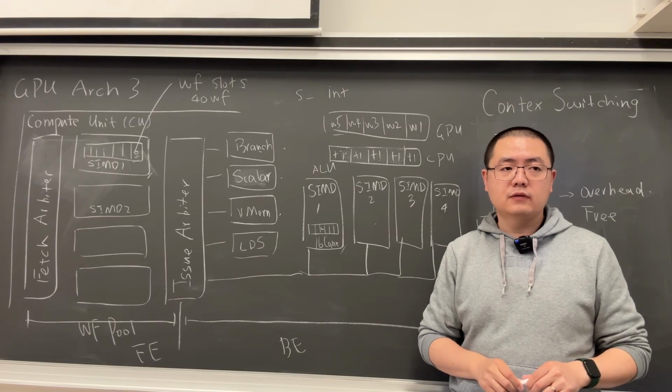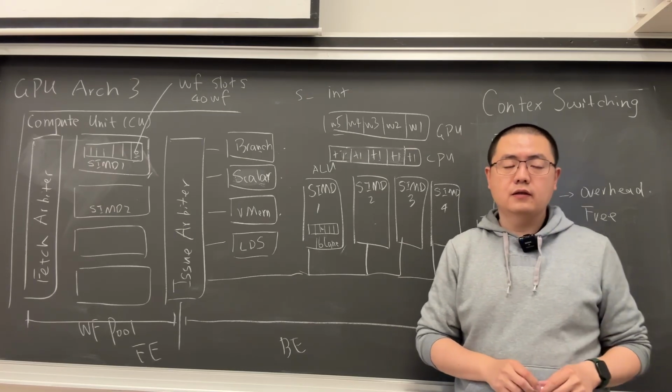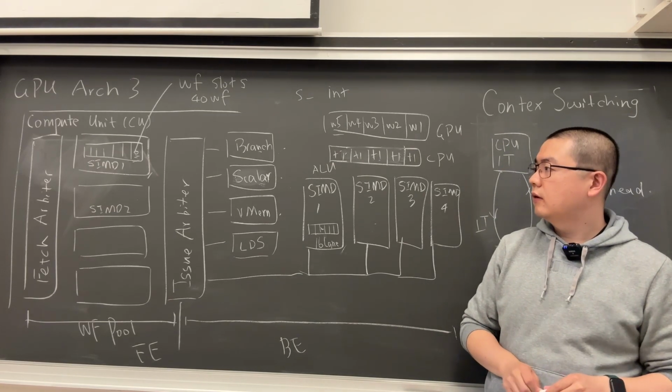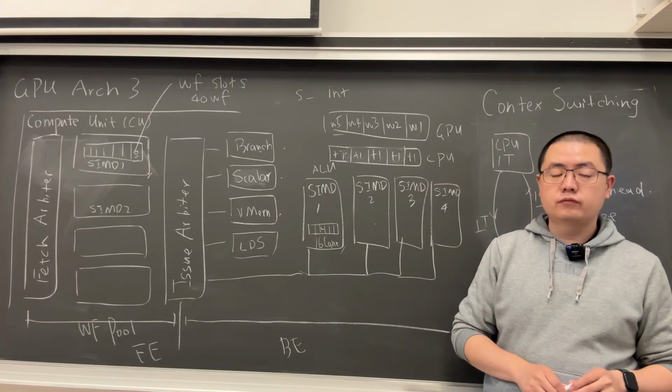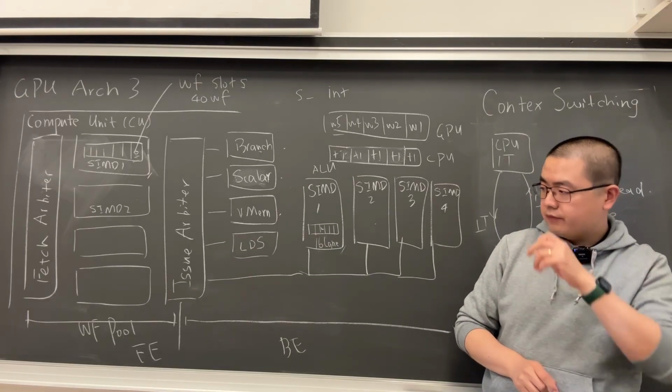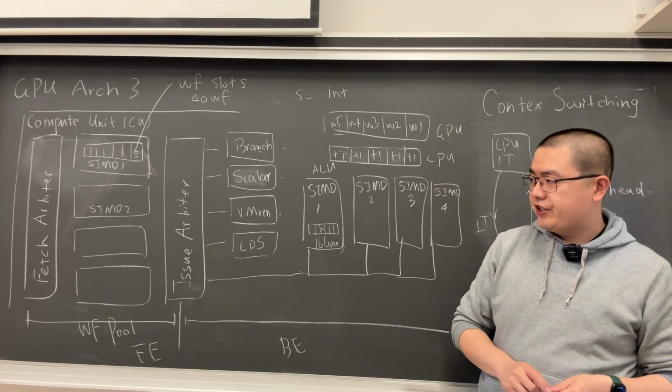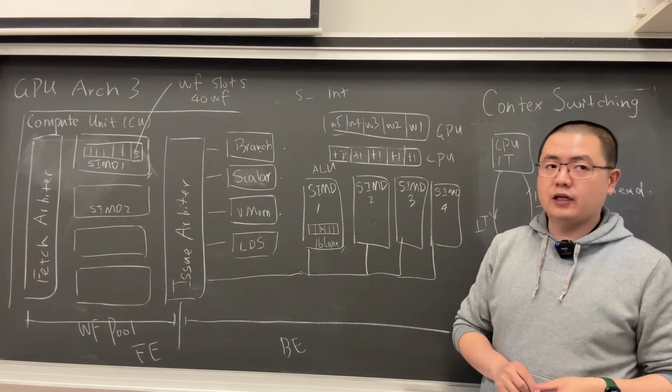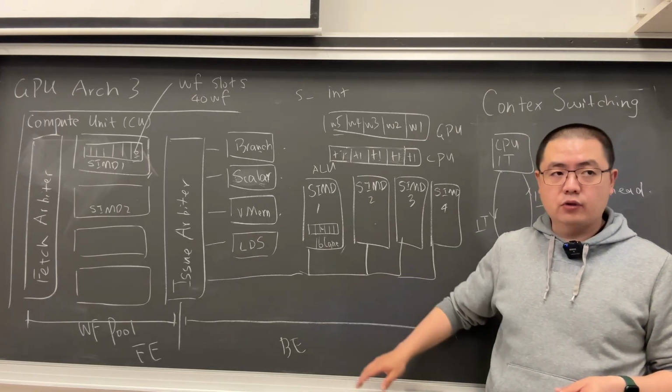So does each wavefront always go through the fetch instruction and the pipeline, or do they have some sharing of instructions? Okay, is there any sharing in the instruction? The quick answer is from the CU level, no, there's no sharing.